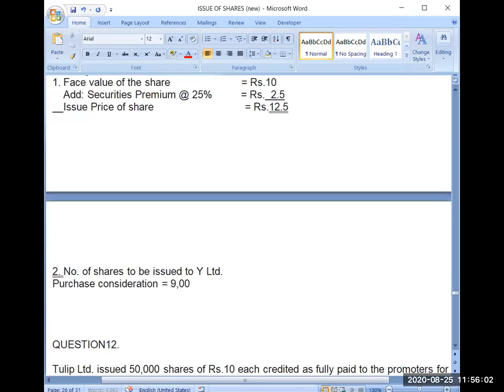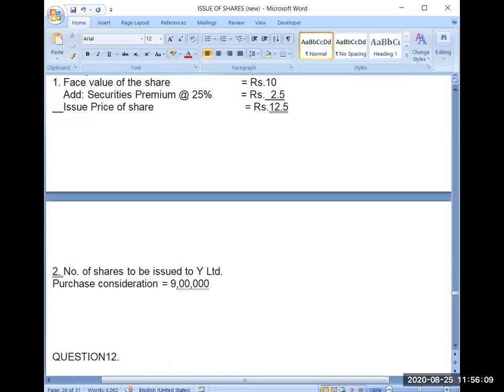Purchase consideration is rupees 9 lakh. I have to pay Y Limited 9 lakh. Then issue price is equal to rupees 12.5. So number of shares is equal to 9 lakh divided by 12.5. I have to give a certain number of shares to Y Limited.